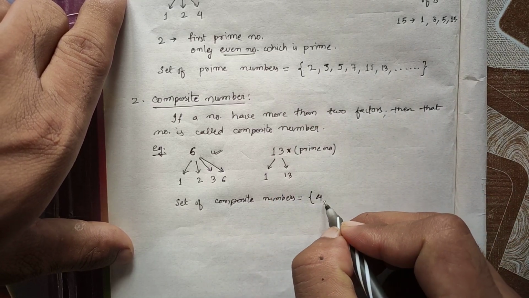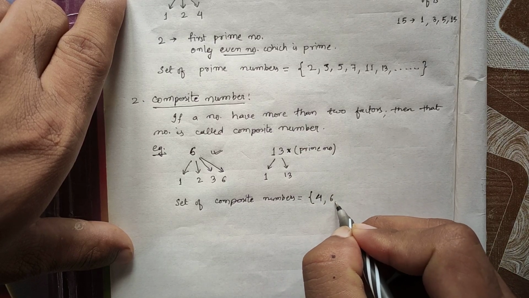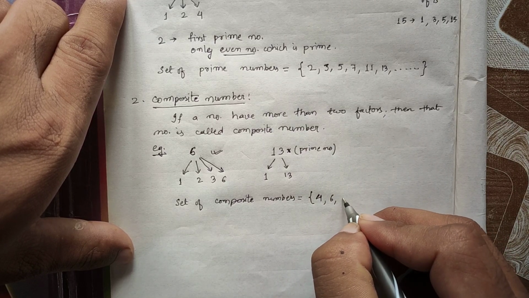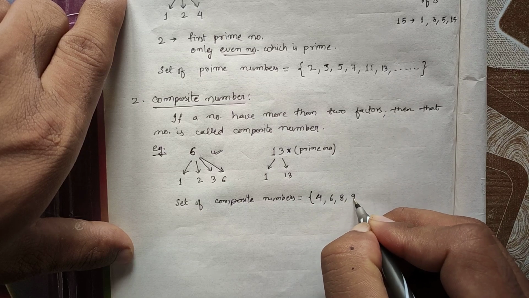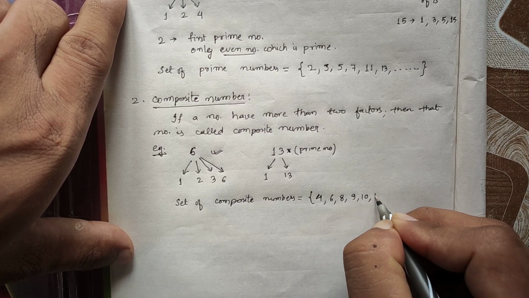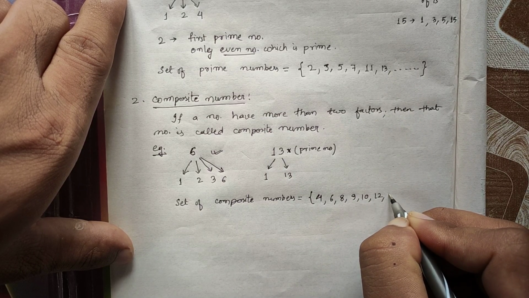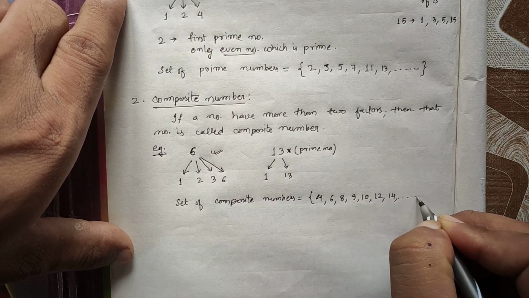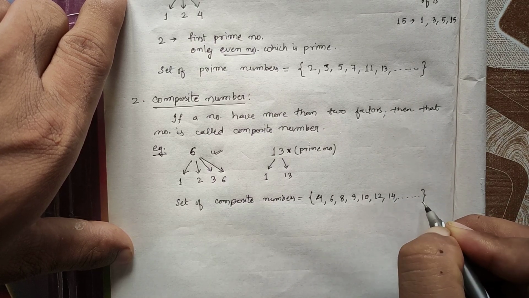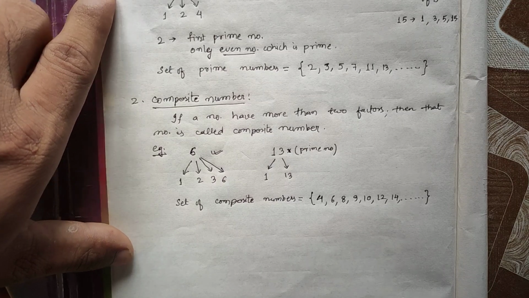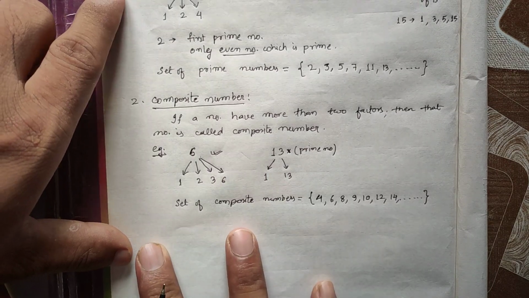After that 6, 8, 9, 10, 12, 14, and so on up to infinity. So this is the set of composite numbers.